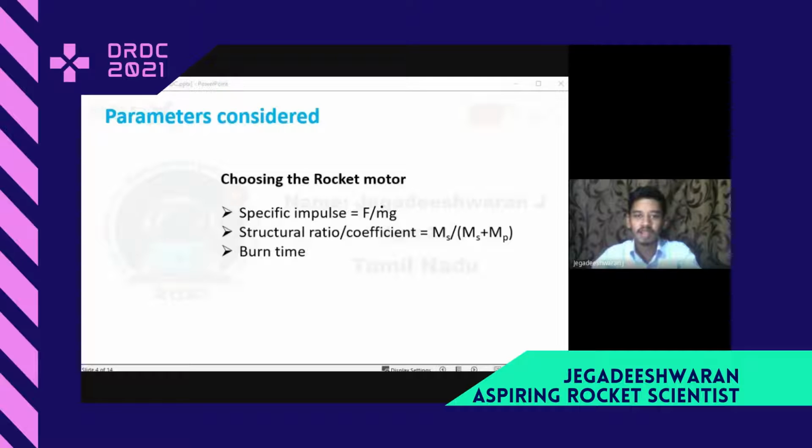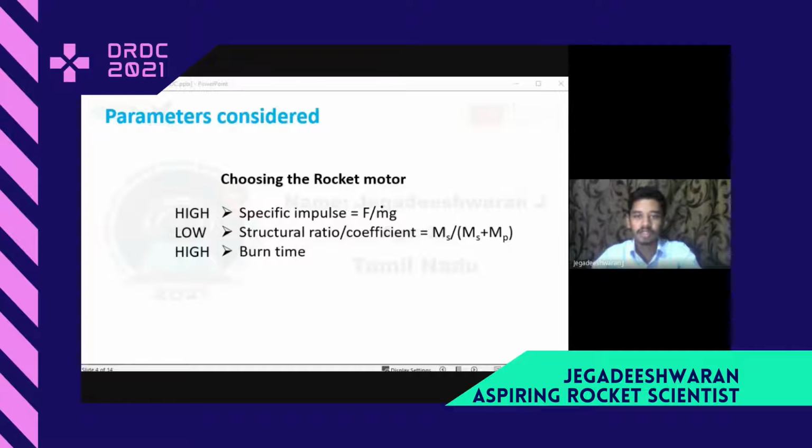This should be less because we don't want unnecessary weight, right? Then comes the burn time: for a given rocket to reach maximum altitude, the amount of time in which the thrust is acting on the model should be very high. Then only it will go to high altitude. So we need high specific impulse, that is ISP, and burn time, but low structural coefficient.